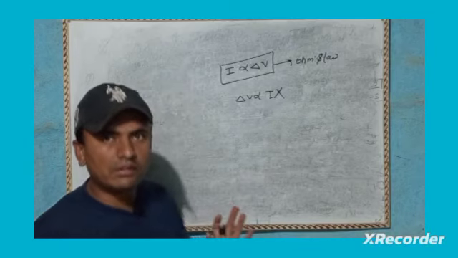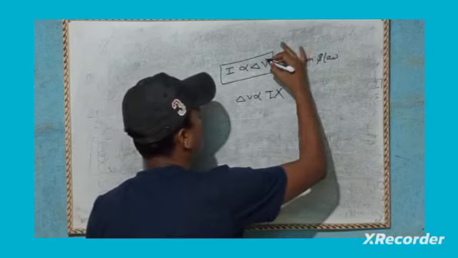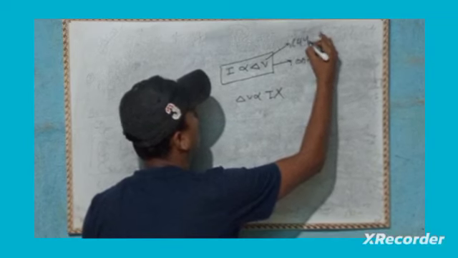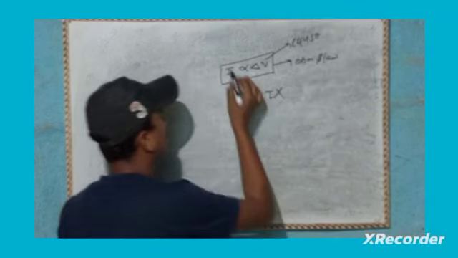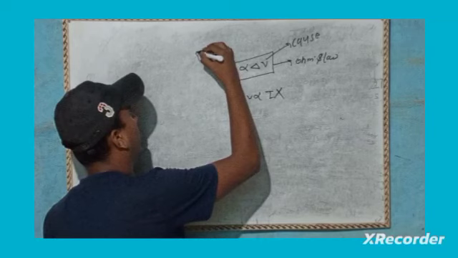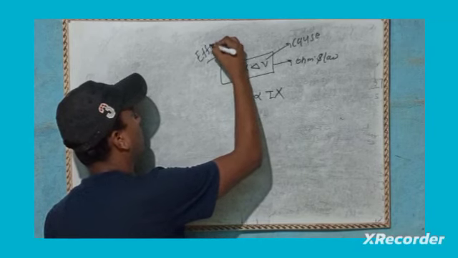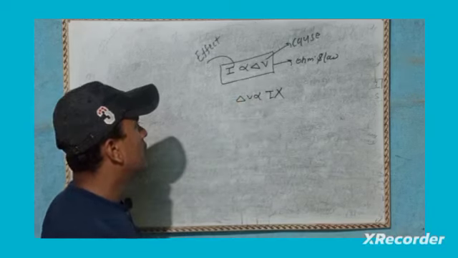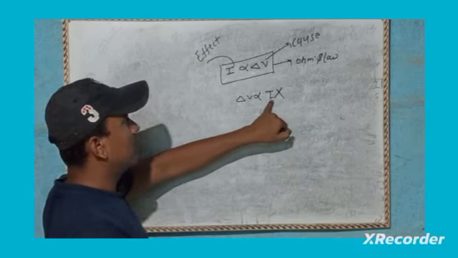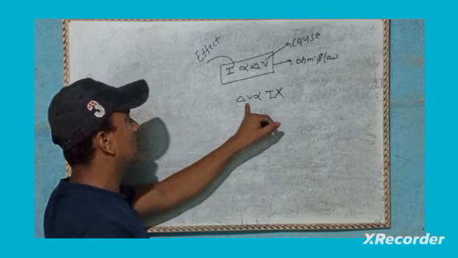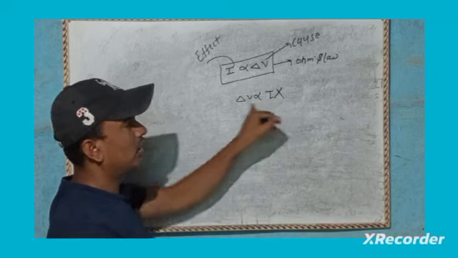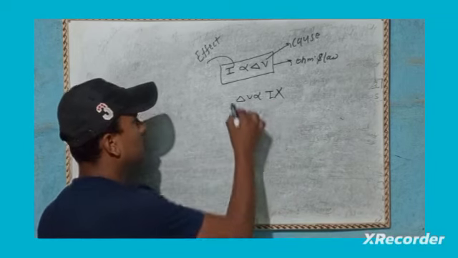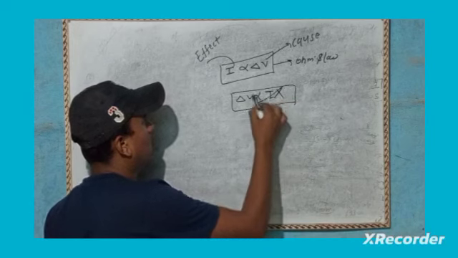So the potential difference is the cause, and the current is the effect. Yes or no? The effect never determines the cause, so that is wrong.